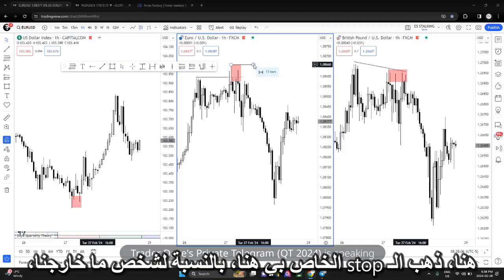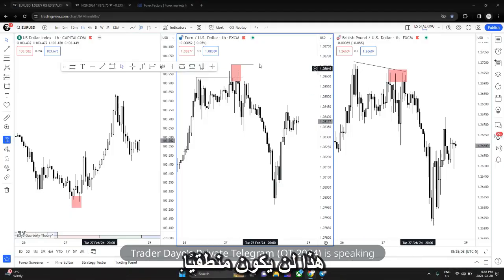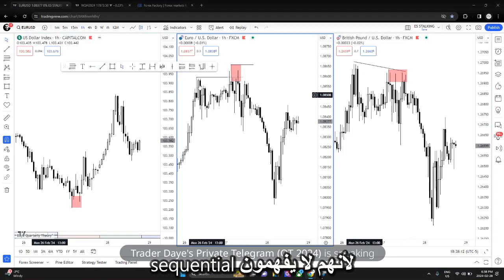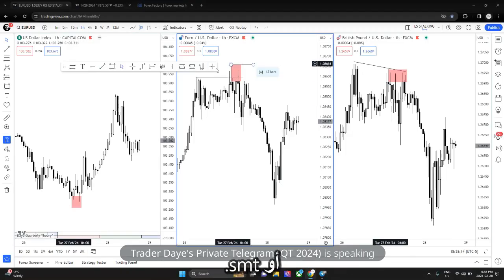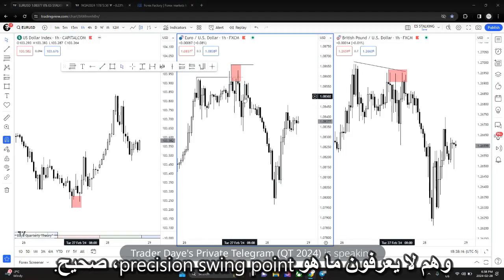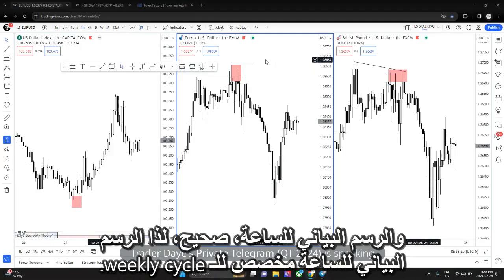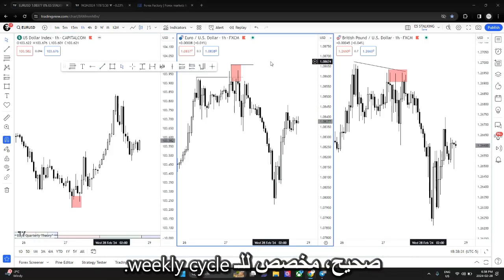To someone outside of us, this wouldn't make any sense. Why are you entering here? It doesn't make any sense. Because they don't understand sequential SMT, and they don't know what a precision swing point is. Right? And the hourly chart is specific for the weekly cycle.